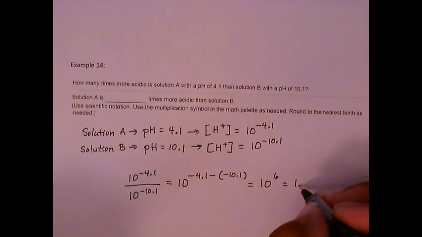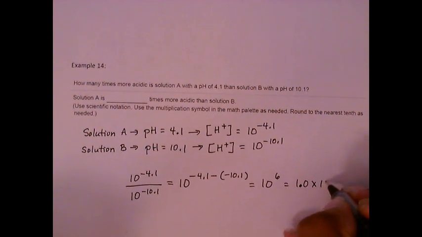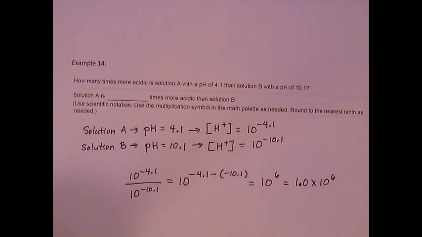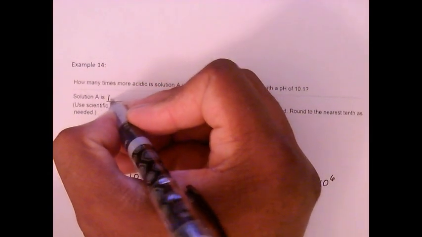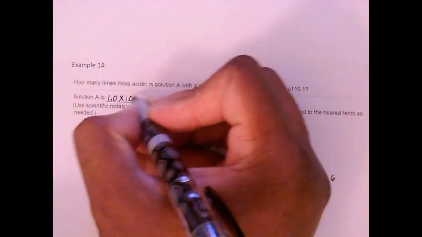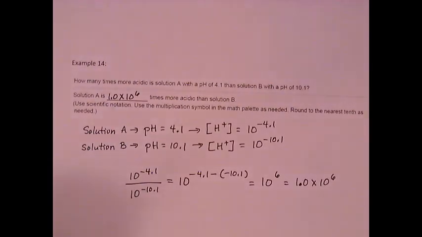It's understood to be a 1, so it'll be 1.0 times 10 to the 6. That will be the formal scientific notation here. So, to answer the question, solution A is 1.0 times 10 to the 6 times more acidic than solution B.